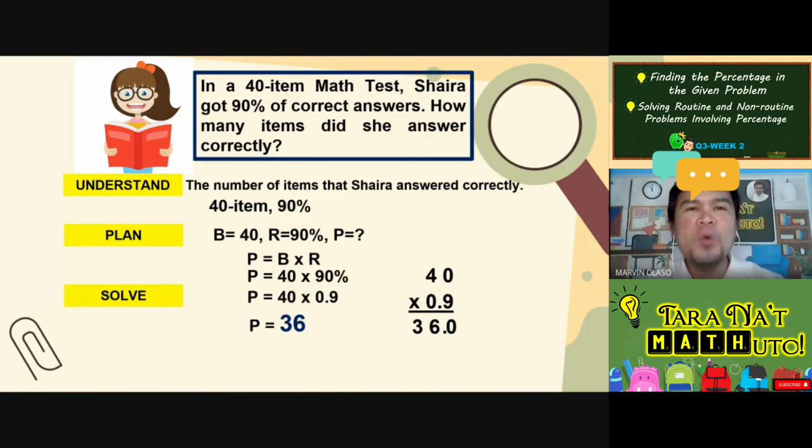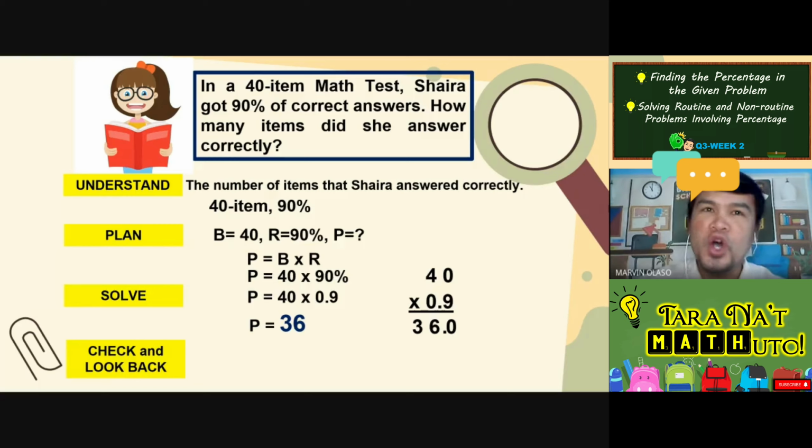To complete our last step, we can look back to our solution or use any other strategy that you know to check if you will arrive at the same answer. But now, I'll teach you how to check the answer in a case like this.